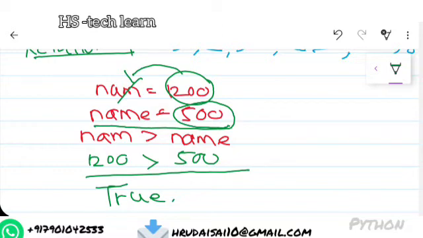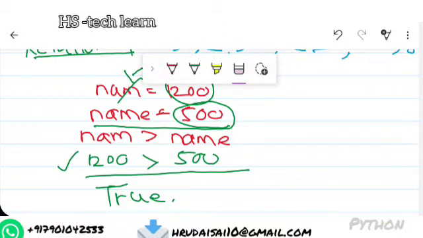If the given statement or condition is true, the answer will be true. If the given condition or statement is false, the output will be false. Here this condition is satisfied. It is a working statement. We will make just a change here.